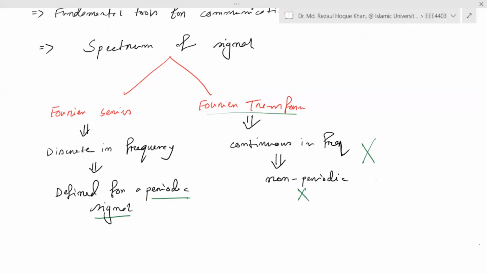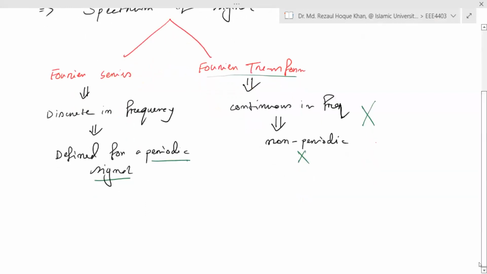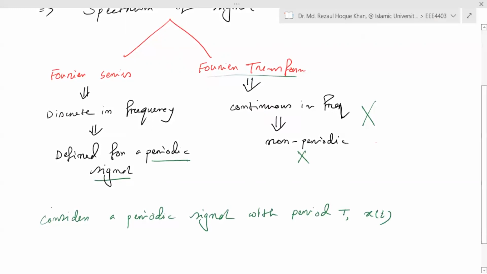Okay, so let us consider a periodic signal, because it is for analog communication, with period T. Let us consider this signal x(t).